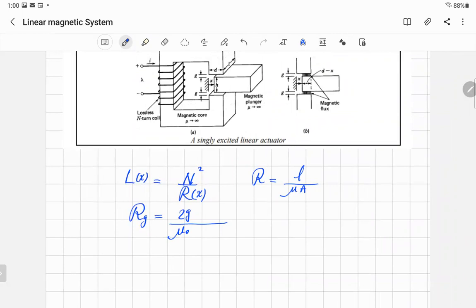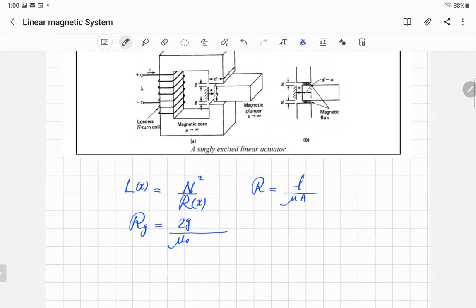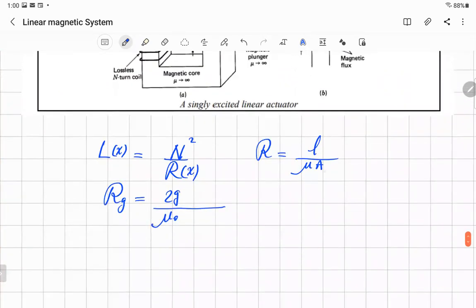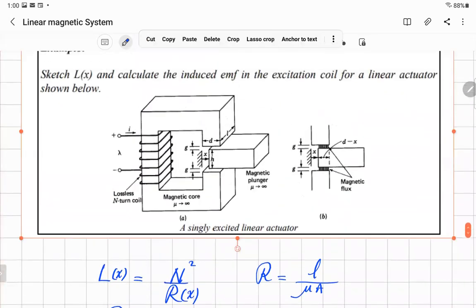A, that's the trick. What does A mean? I'm talking about the area of the air gap. If you have the space between the two parts like that, you have to find the common area. Why am I trying to find the common area? Because that's where the flux will be passing through the air gap.